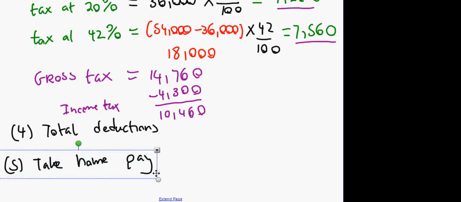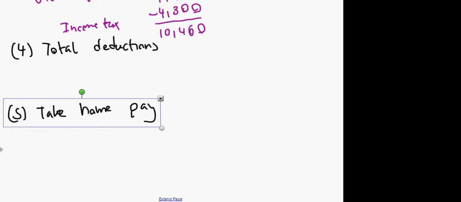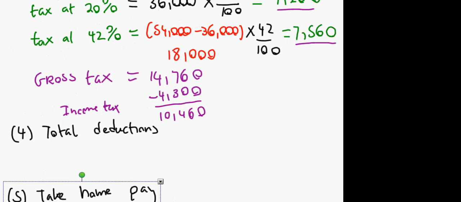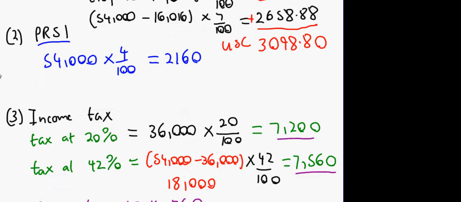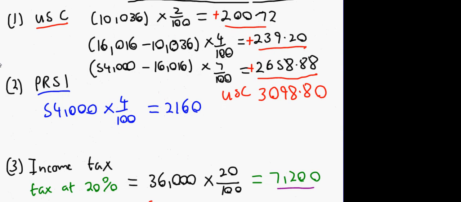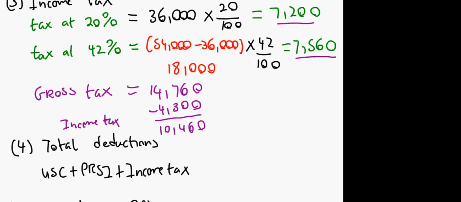Now, we've just finished answering the question for the income tax. What we've got to do next is get our total deductions together. Our total deductions is the USC plus the PRSI plus the income tax. So let's put in all three numbers. The USC was 3,098.80.